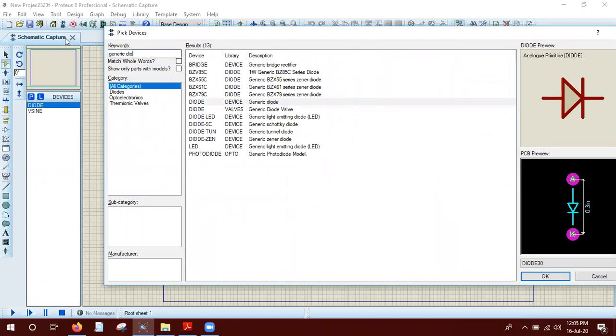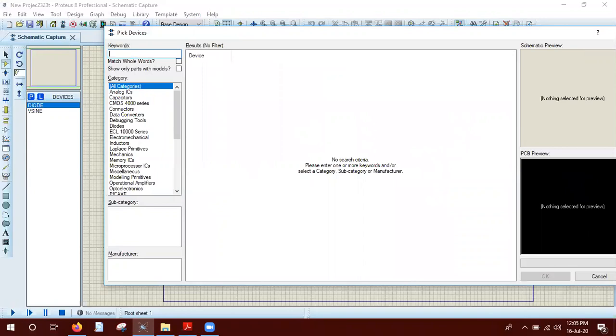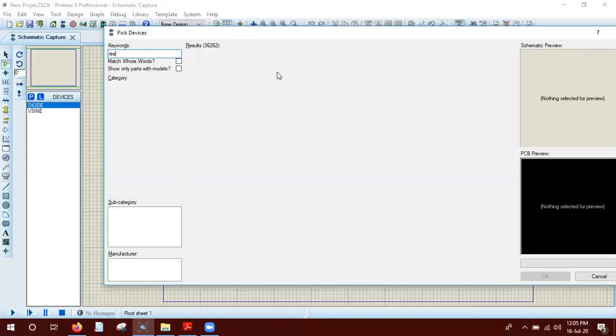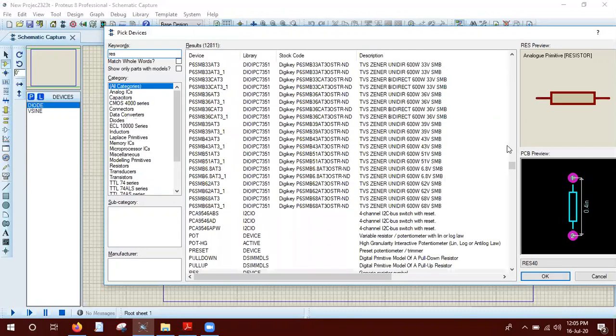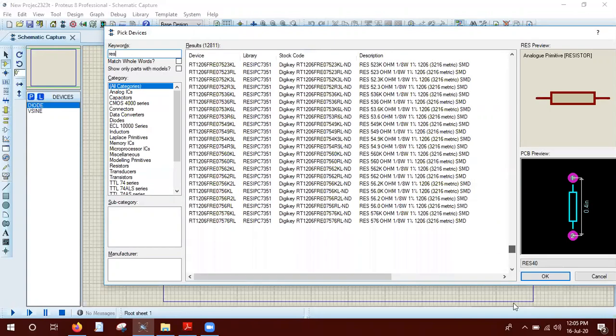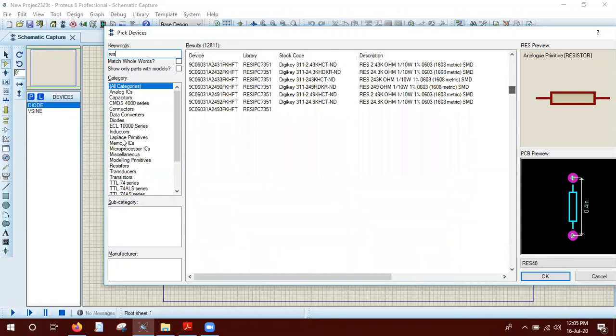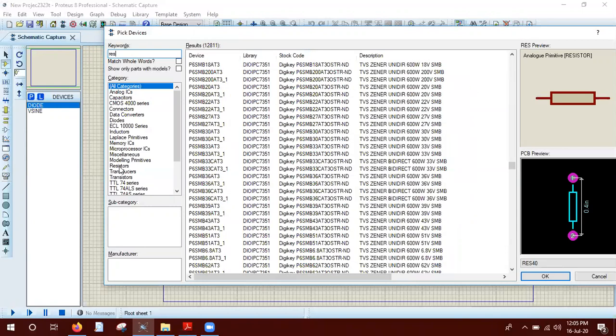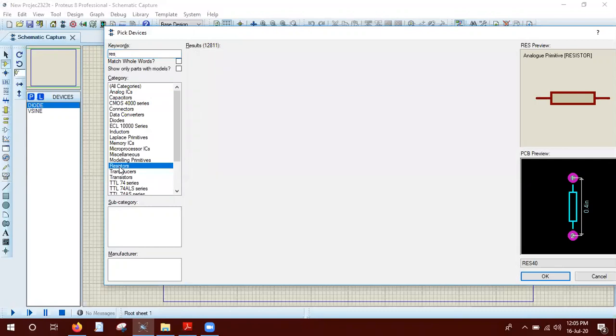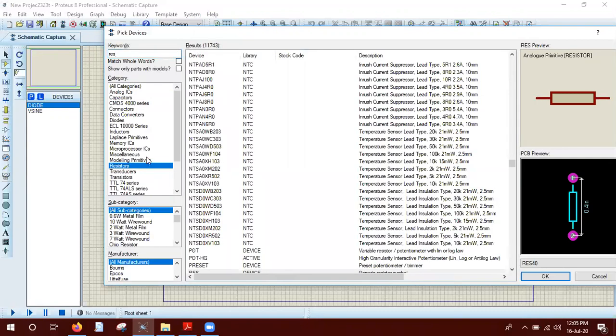Next, we will add a resistance. So write RES. Okay, we're not finding it. Go to the resistor here. There's a dedicated resistor symbol here. Click that.